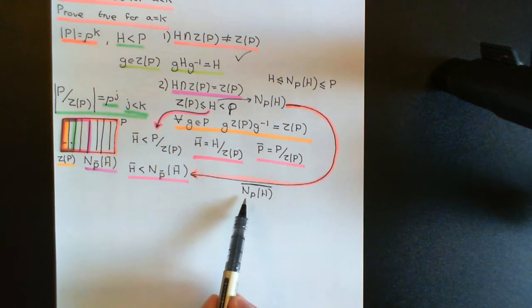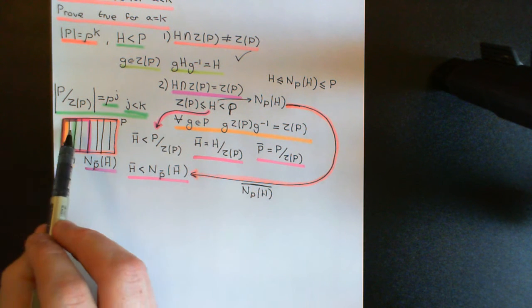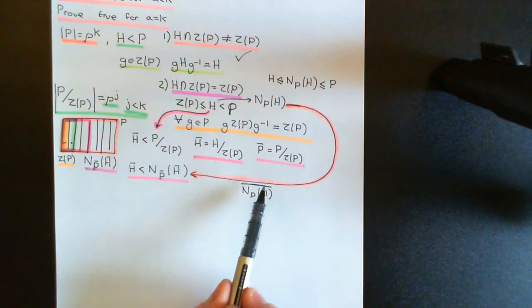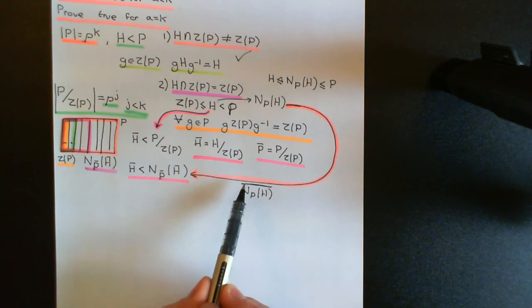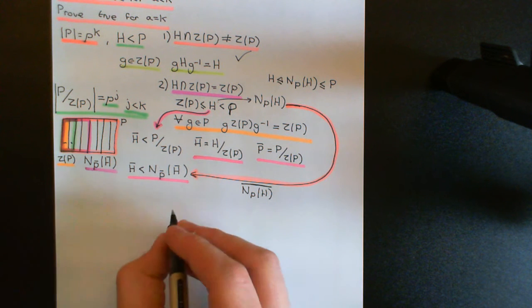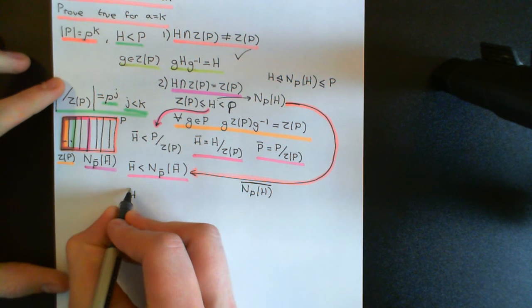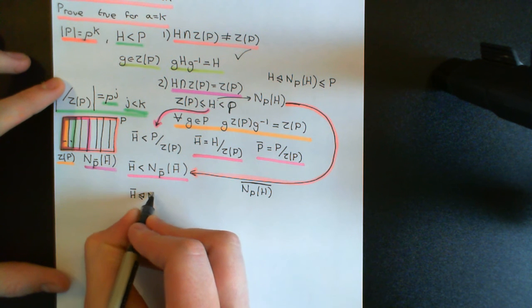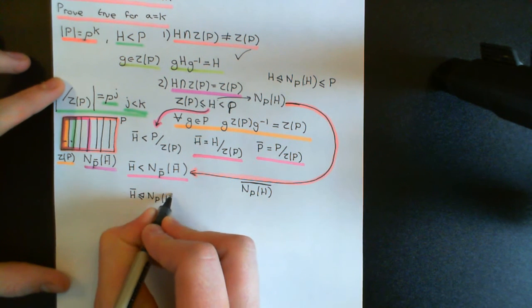So the thing that this would correspond to, the normalizer of H in P bar, the subgroup of the quotient group that the normalizer of H in P corresponds to, this would have to normally contain H bar. So H bar would have to be a normal subgroup of the normalizer of H in P bar.